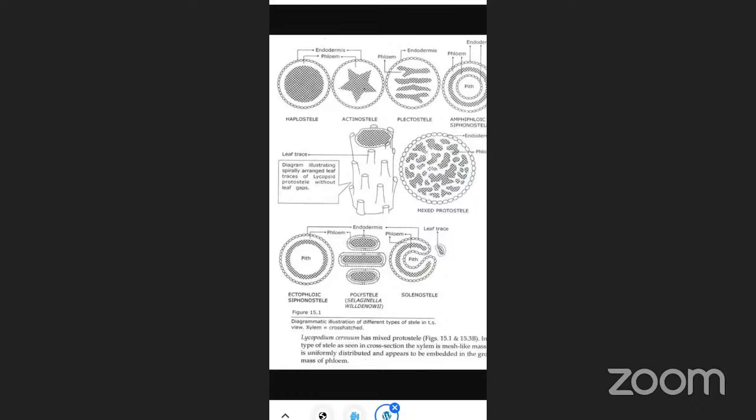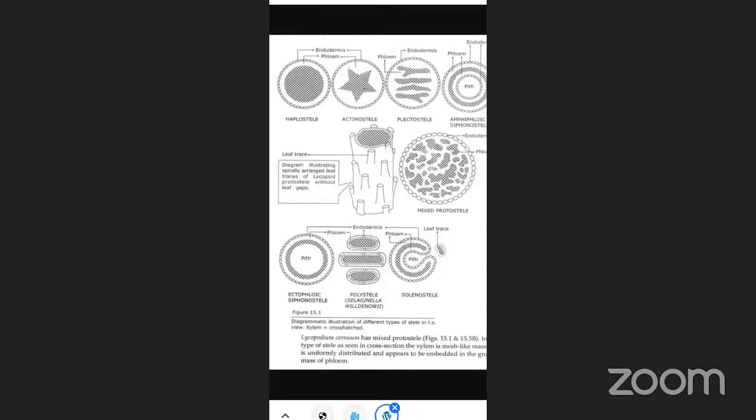The progressive variation goes through transitional stages, that is the siphonostele, solenostele, and dictyostele. These are the intermediate steles. Protostele to polycyclic dictyostele is the very advanced condition.